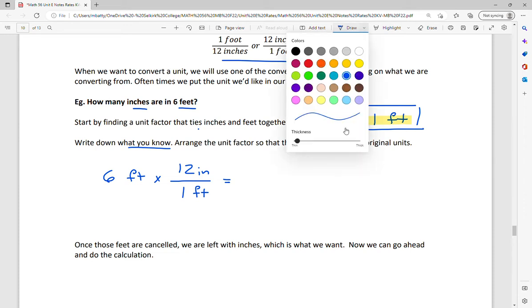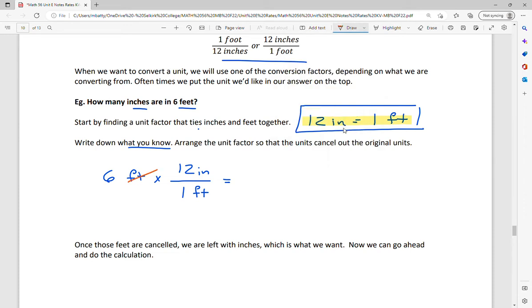The key thing in this is analyzing the dimensions. If those cancel, my answer is going to be in inches. The key thing to remember is that if it's on the top, you multiply. If it's on the bottom, you divide.